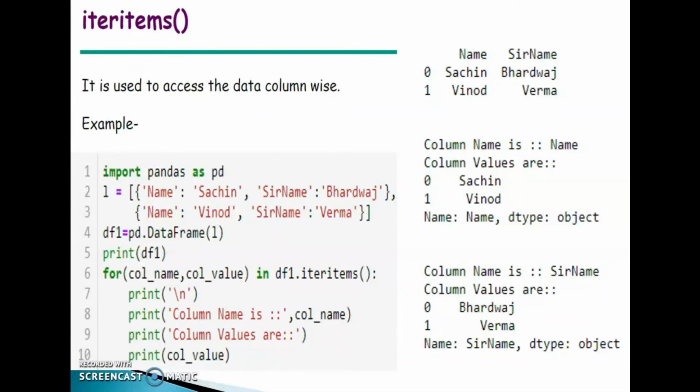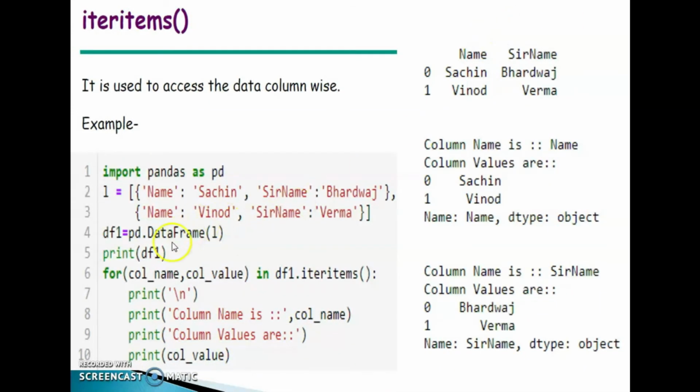So the column value is stored in the second variable of this for, and the column name is stored in the column name variable. Okay, print newline, print column name is column name, print column values are column value.